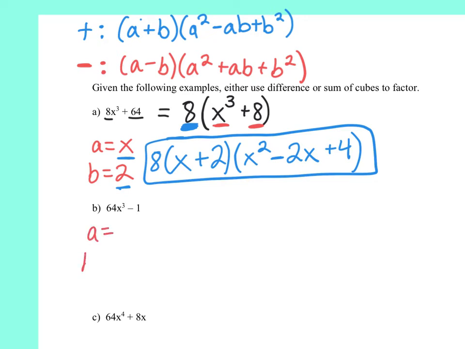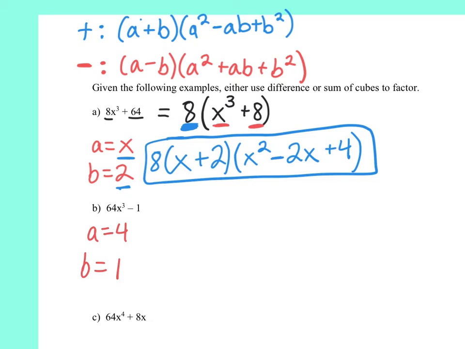And what are those whole numbers going to be? 4 and 1. The cube root of 1? Try it. Type that in your calculator. 3 second caret 1. Enter. And what do you get?